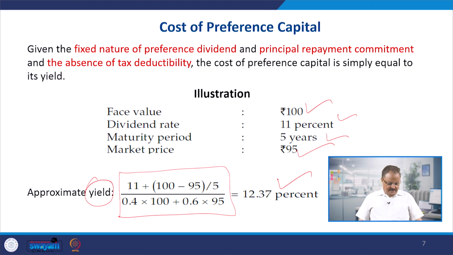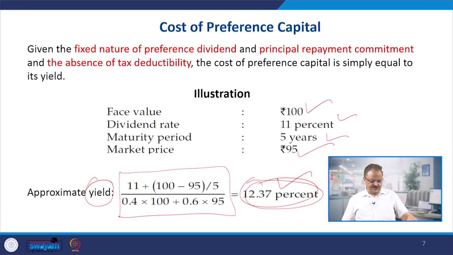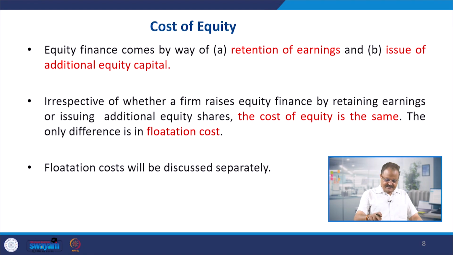So you can use the approximation method to calculate the cost of the debt capital to the company and the return to the investors, and the cost of the preference capital to the company and the return in the form of yield to the investors. That can be calculated with the help of this approximation formula. So this is how simply we can calculate the cost of the debt and the cost of the preference capital.